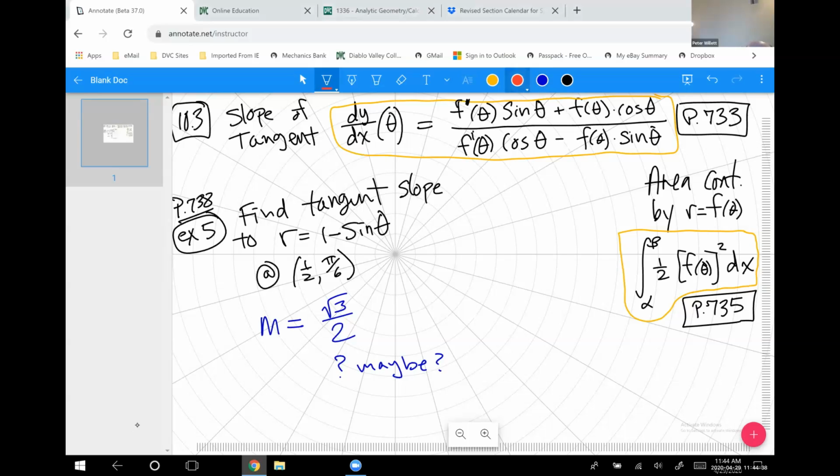Well, then that's giving you the value of the function at theta, which is these two parts I'm circling up here in the formula. So those two are going to be 1/2 because that's the formula with the theta value plugged in. And then you have to plug that theta value into the sine, the cosine, and the derivative of the function, and then evaluate the ratio.